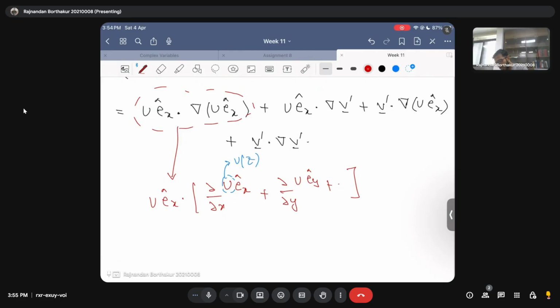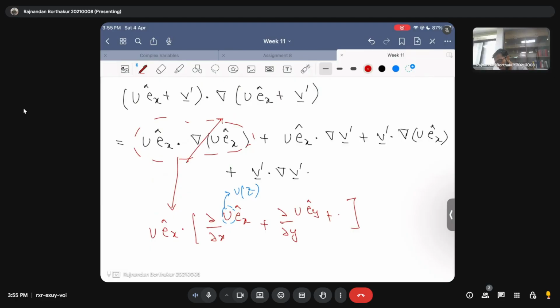Which means if I take a dot product, I just retain only the del del x terms, because this is where we had the ex. And keeping in mind that u is just a function of z, this term is just going to be equal to 0, because del del x of a function which is just a function of z is equal to 0. Okay, means that the first term, u ex dot gradient of u ex, is simply going to be equal to 0, simply because the base flow is just a function of z only.